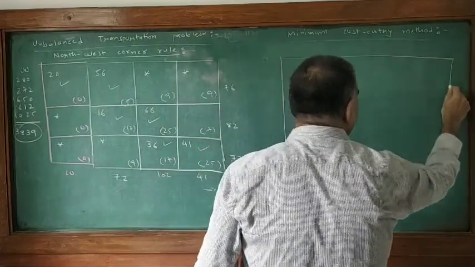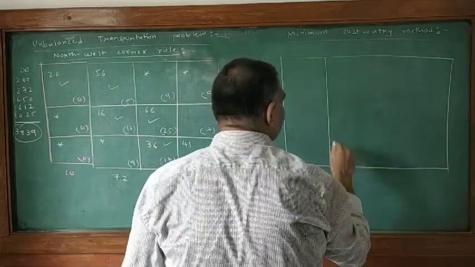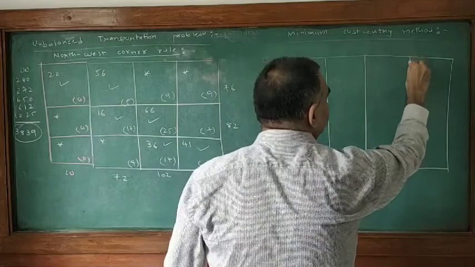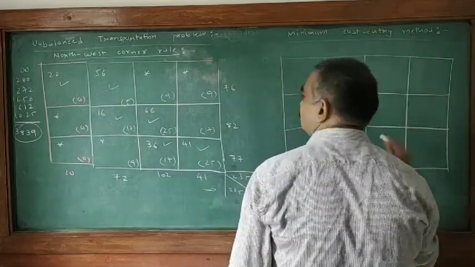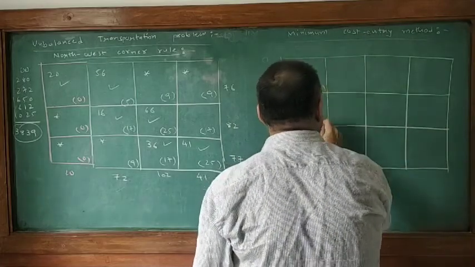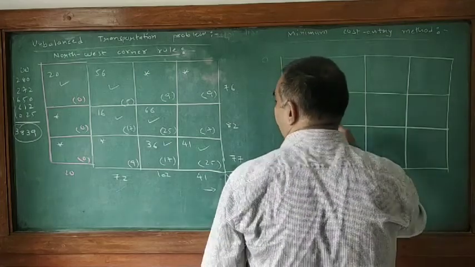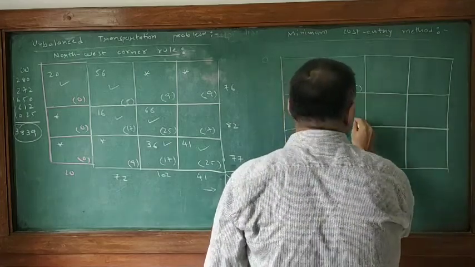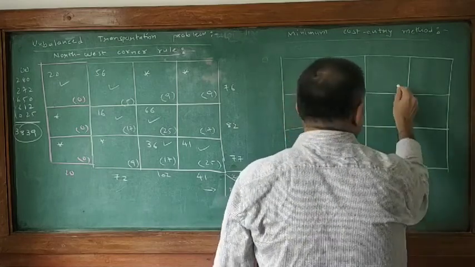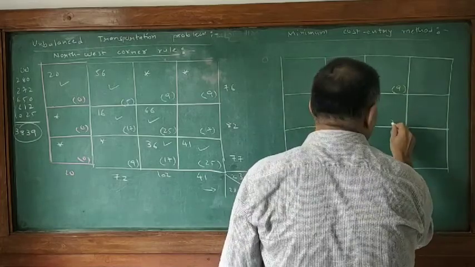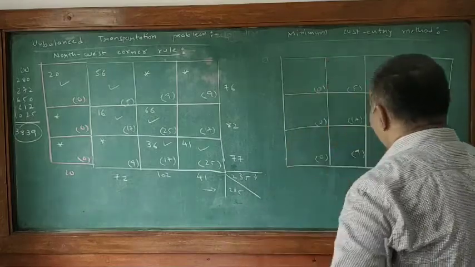And I rewrite the same again. Zero zero zero, 5 17 99, 9 25 70, 9 17 25.